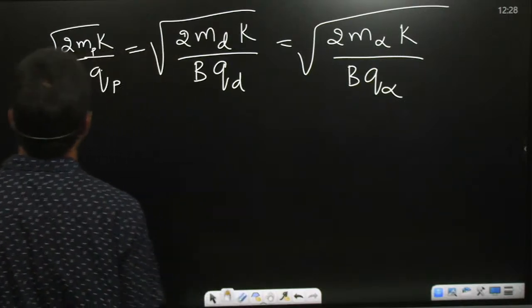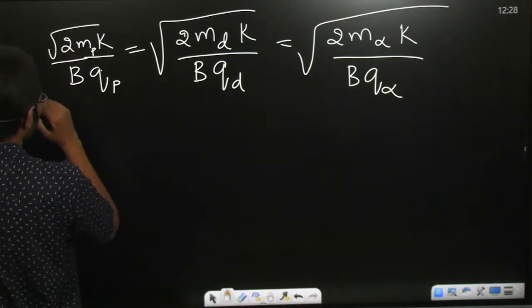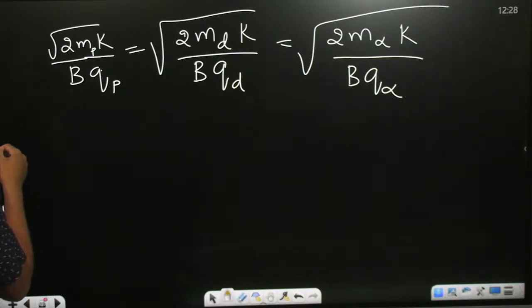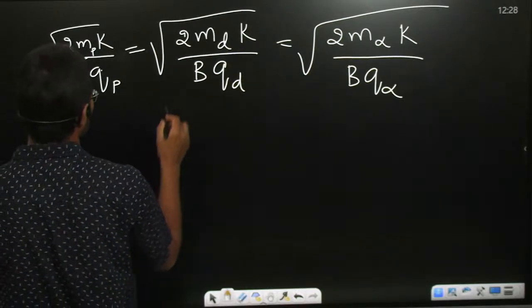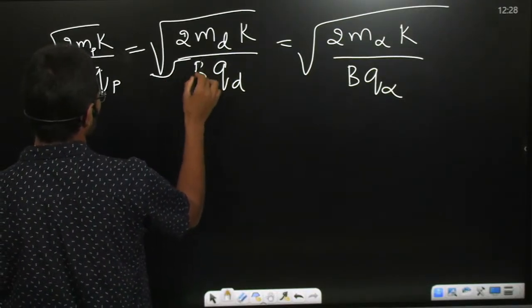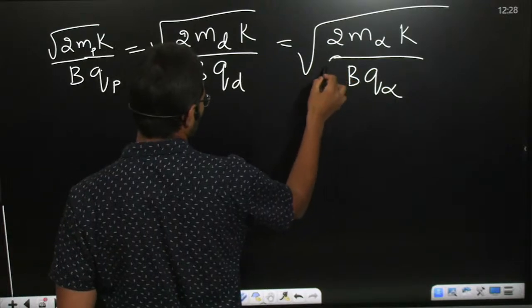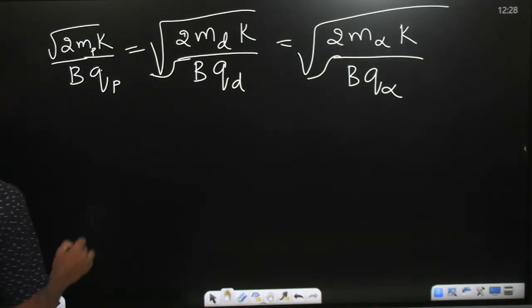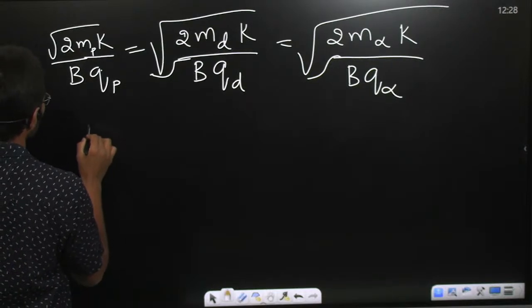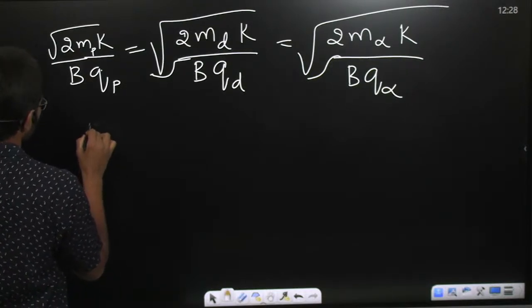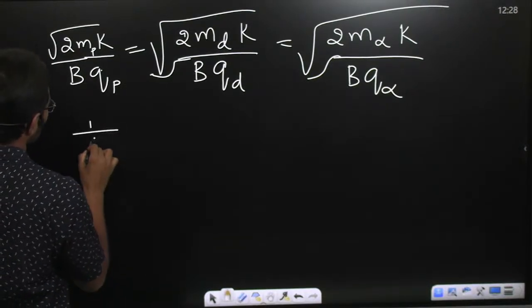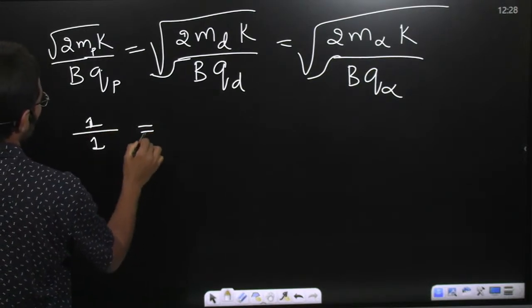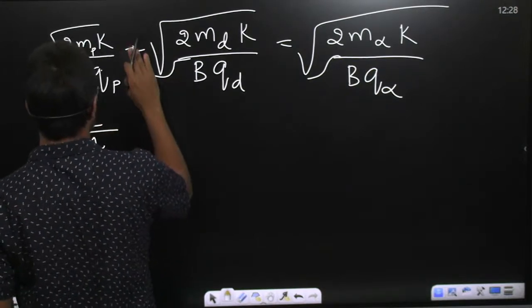So remaining everything goes off because B is constant. So this is for numerator. So mass of proton is 1 unit, by charge 1 unit.